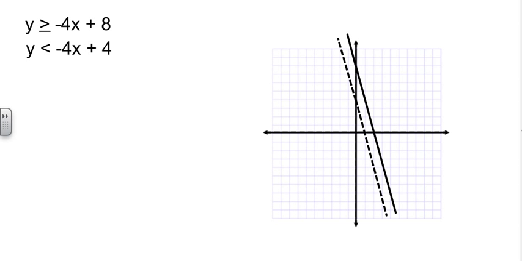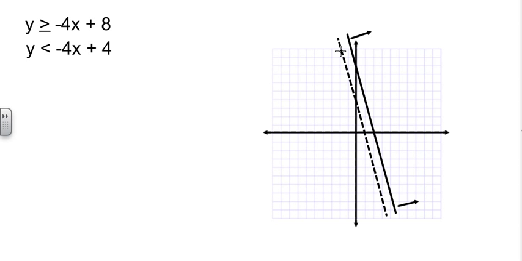Now let's figure out our shading. We're going to start with the top line. 0 is greater than or equal to 0 plus 8. That is false. 0 is not greater than 0 plus 8, so I don't shade this side for the solid line. I shade this direction. 0 is less than 0 plus 4, on the other hand, is true.